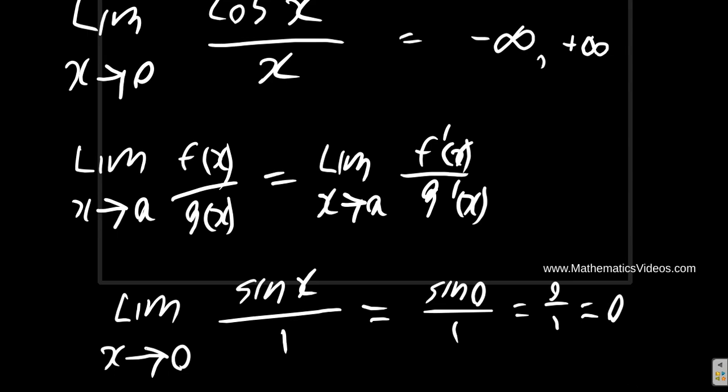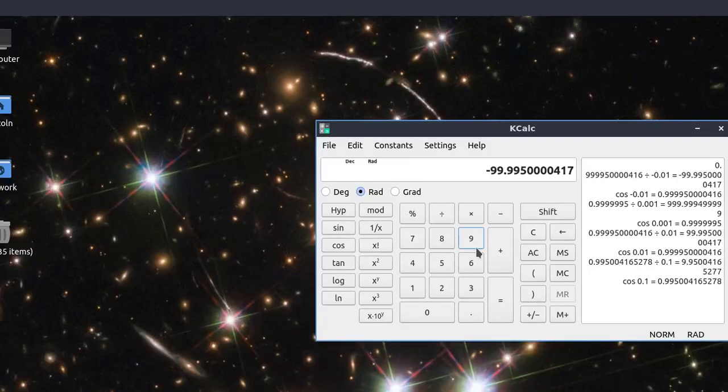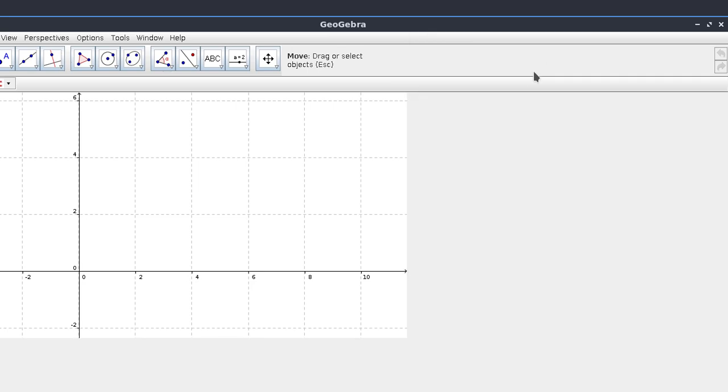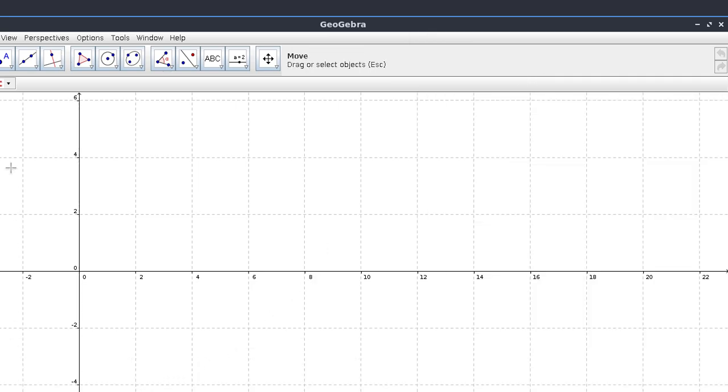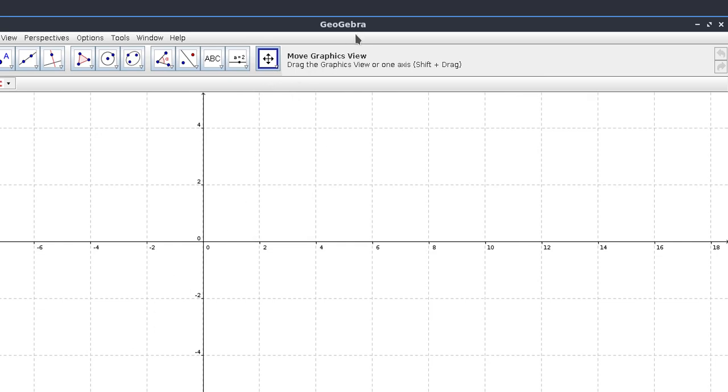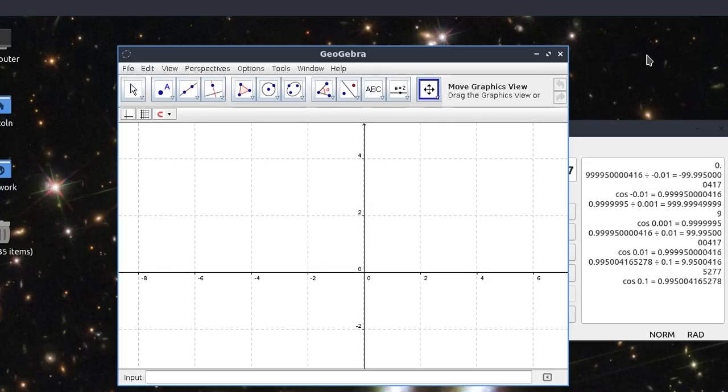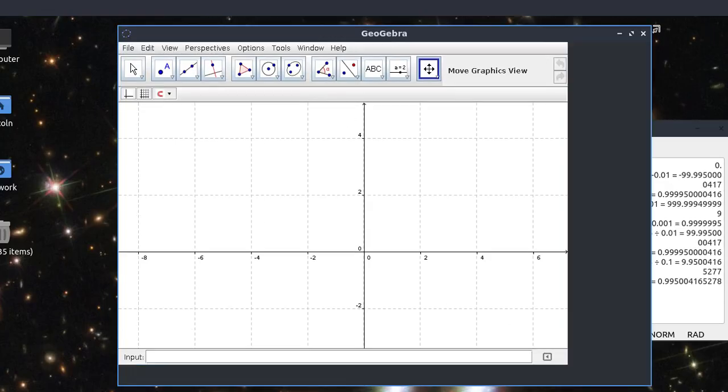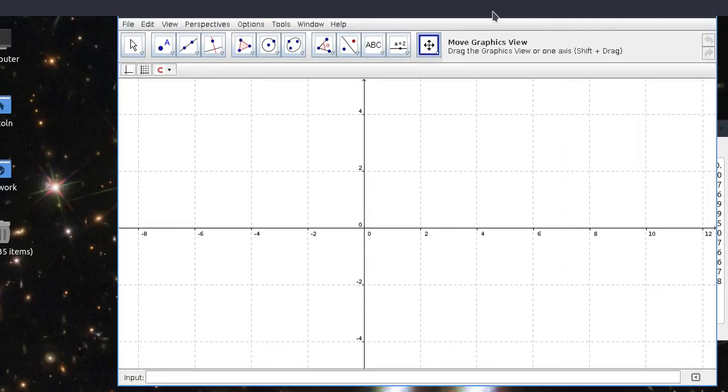Now let us look at the graph finally and see what's going on. Let's use the GeoGebra graph plotter. Let me just make an adjustment here to our graph plotter.